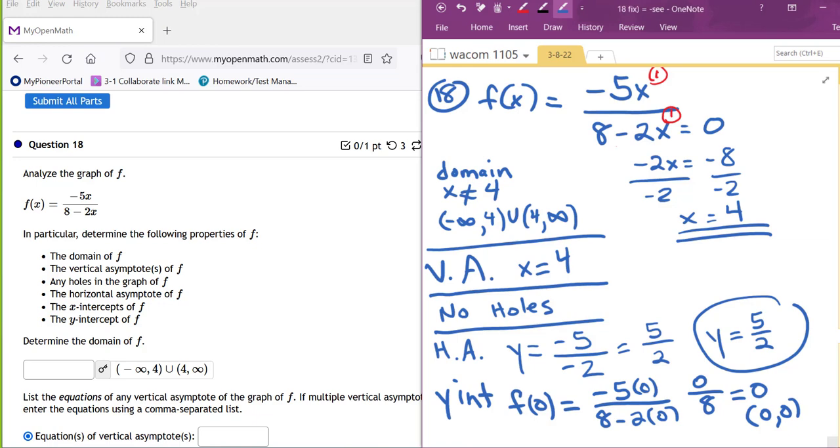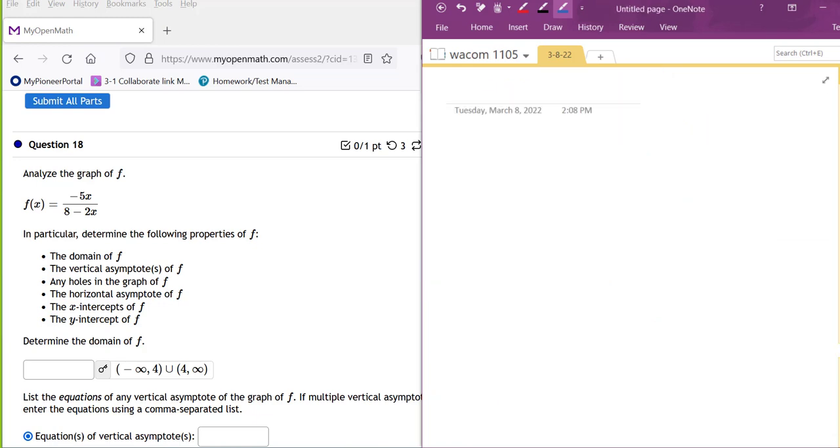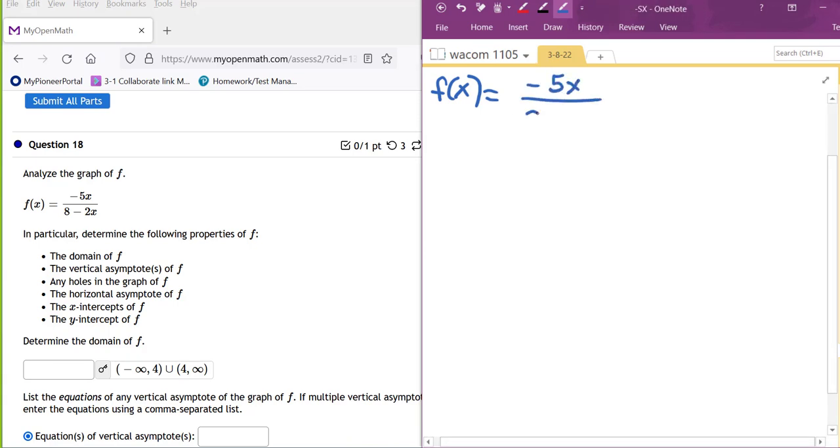For the x-intercept, I'm going to rewrite this so I have it all together. This is a little different. You don't have to do as much work as we normally do with an x-intercept. Right, x-intercept says set y equal to 0. This side is y.